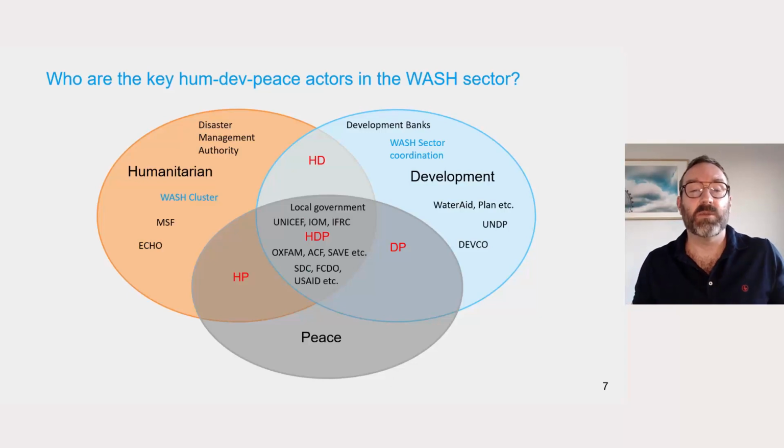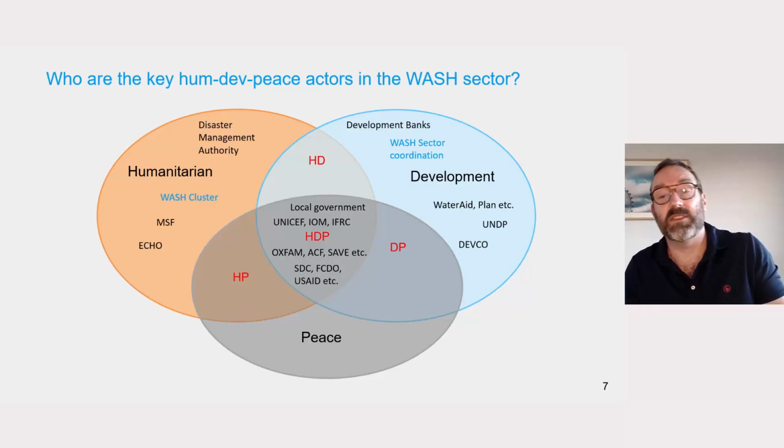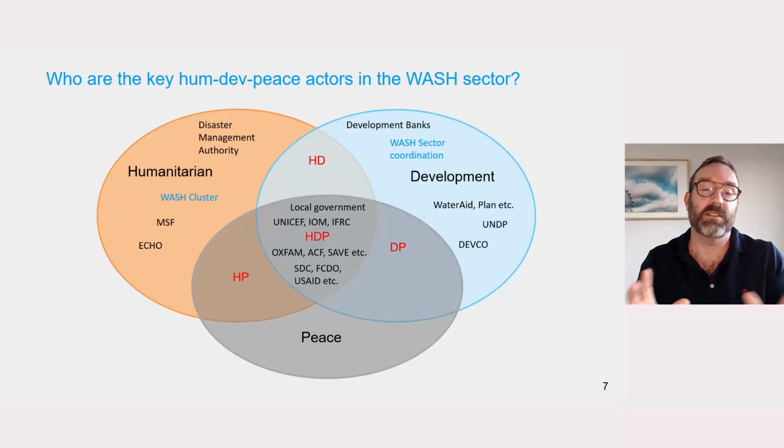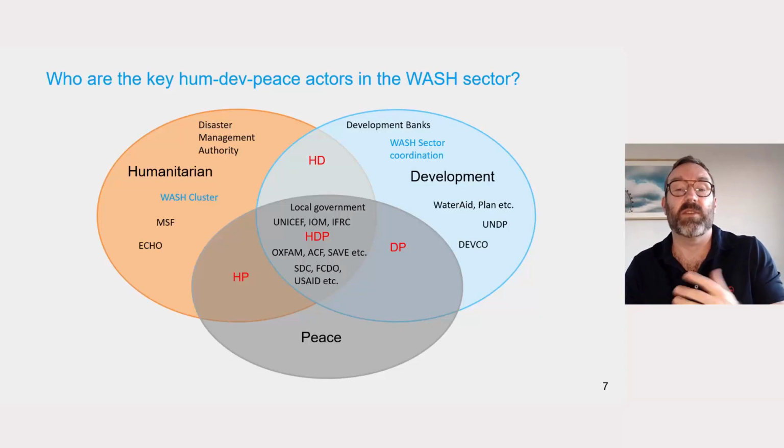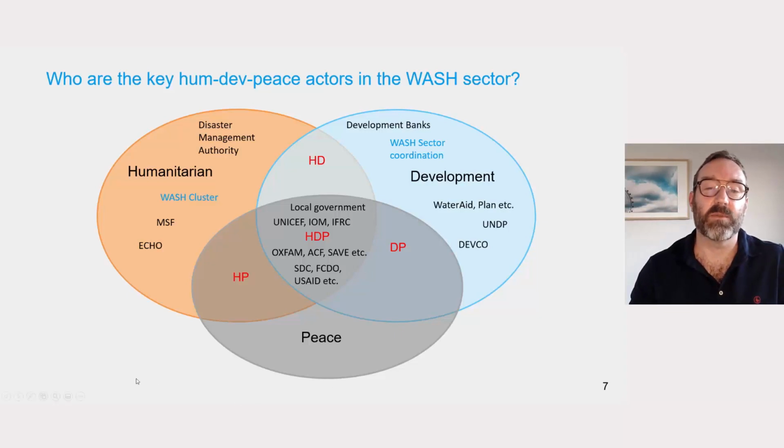And working in the middle, we have government departments, such as local government. We have multilateral agencies such as UNICEF, IOM, IFRC, and a number of NGOs such as Oxfam, ACF, and Save the Children, and a number of donors who are operating in this triple nexus environment, such as the Swiss Development Cooperation, and we also have the British and US governments.